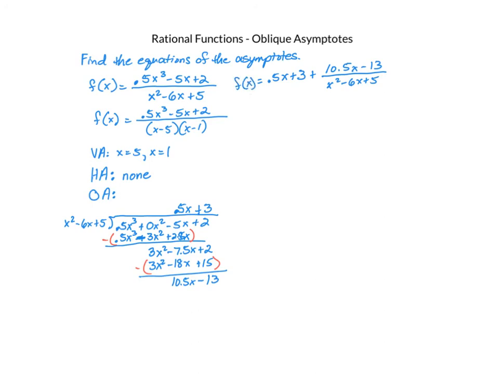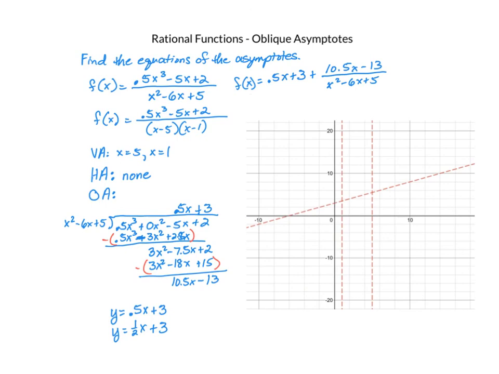So now we have the equation of our oblique asymptote is y equals 0.5x, or 1/2 x. If you're graphing that, maybe you prefer to use 1/2 x plus 3. I know I haven't talked about how to come up with the graph of the function, and that will be another video. But I do want you to see how the asymptotes relate to the graph.